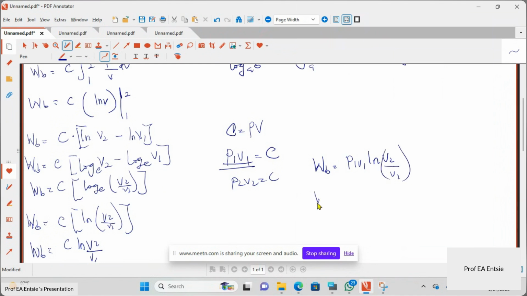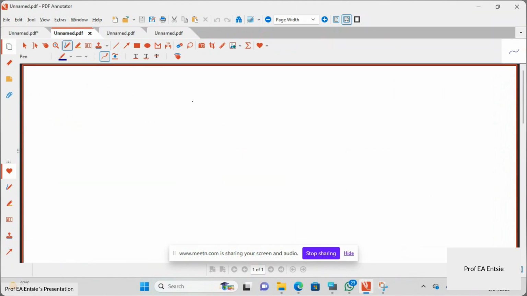If they give you the final pressure after you compress it and the final volume, then that one will be P2 V2 ln V2 over V1, since this part doesn't change. Are you okay? Alright, so now we will go to a student-life question. Let us solve this so that you get a feeling of what I mean.